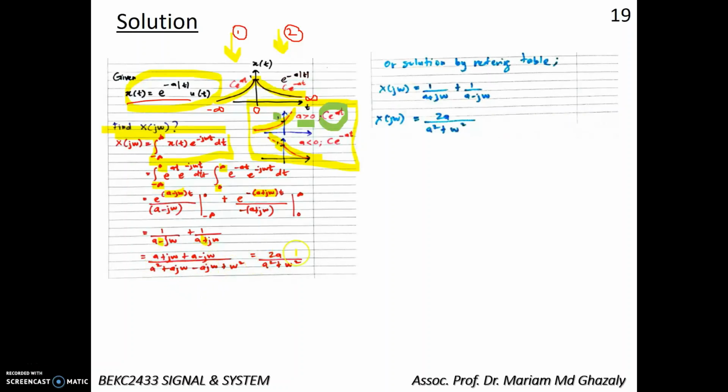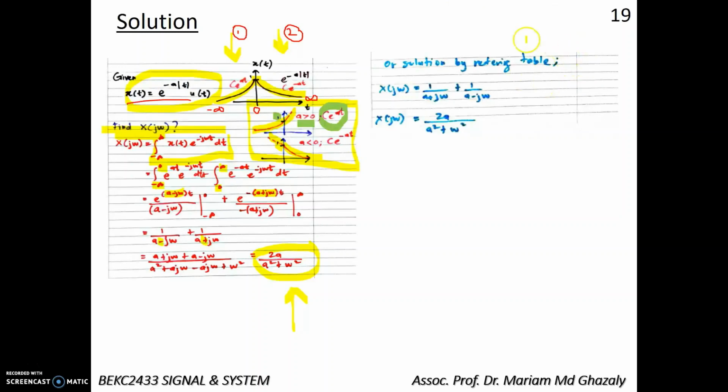Expand it, and finally you get the final equation as 2a over (a squared plus omega squared). This is the final proof for this type of exponential signal, which has the modulus.